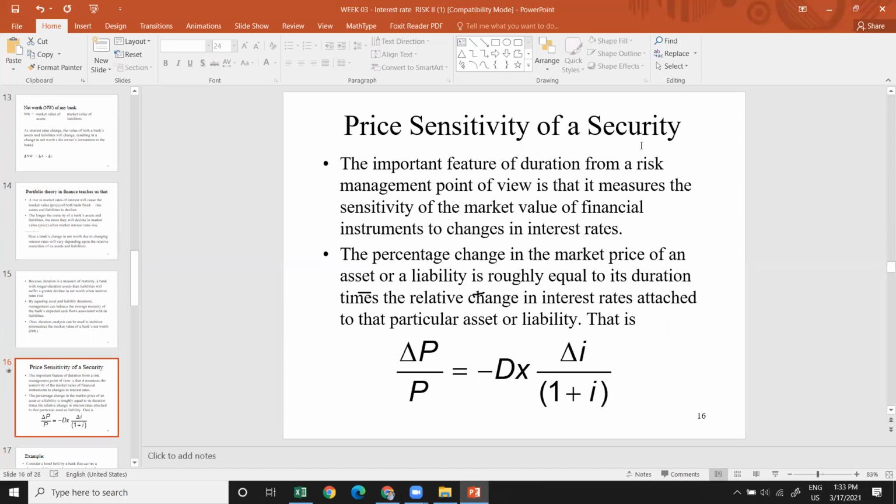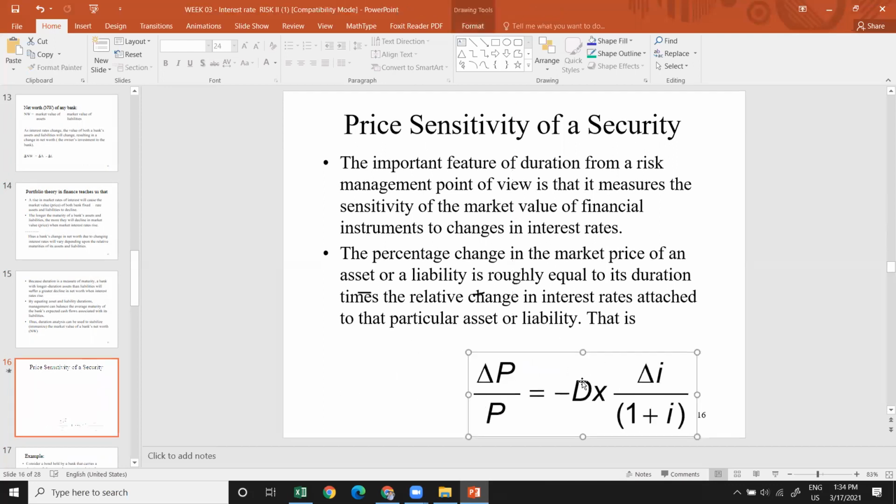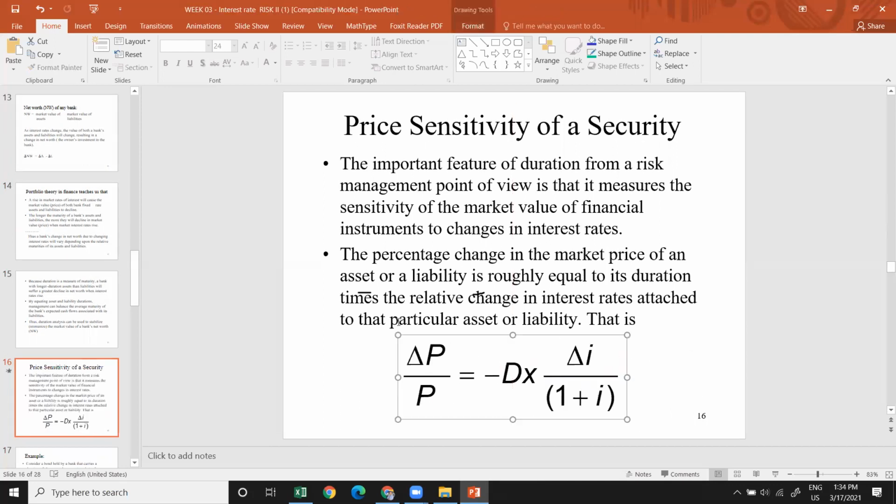The percentage change in the market price of an asset or liability is roughly equal to its duration times the relative change in the interest rate attached to that asset or liability, like change in the interest rate divided by 1 plus i. And this equation will show you the price sensitivity of a certain security.